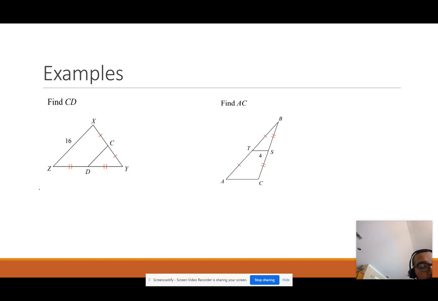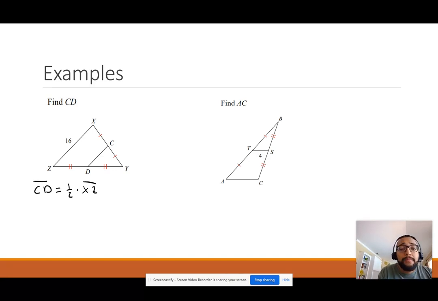CD is equal to 1/2 of XZ. Again, CD, which is the mid segment of this triangle, is equal to 1/2 of XZ. Remember, to find which one is the mid segment, it's going to be parallel to the triangle's base.